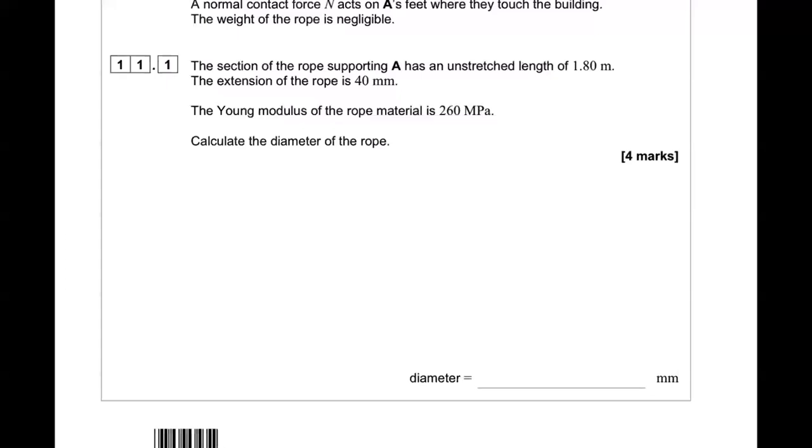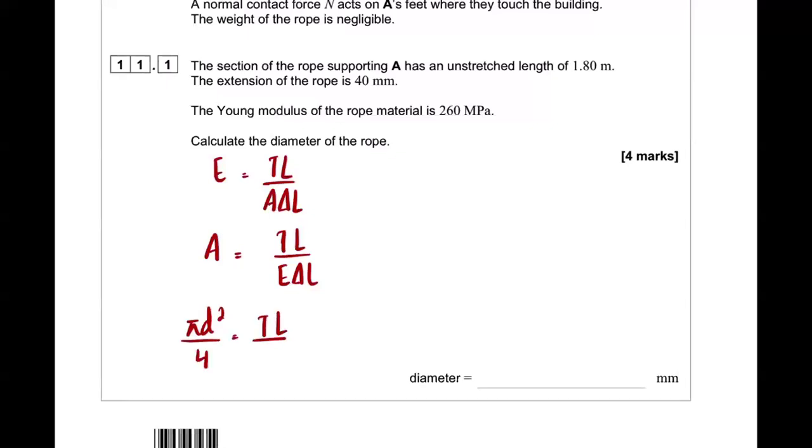So the Young modulus formula is E equals TL over A delta L, right? So force, length, area, extension, I need the diameter. So for that I'll need the area, which is TL over E delta L. If you like, and I certainly like to do this, do everything first and then plug in the values.